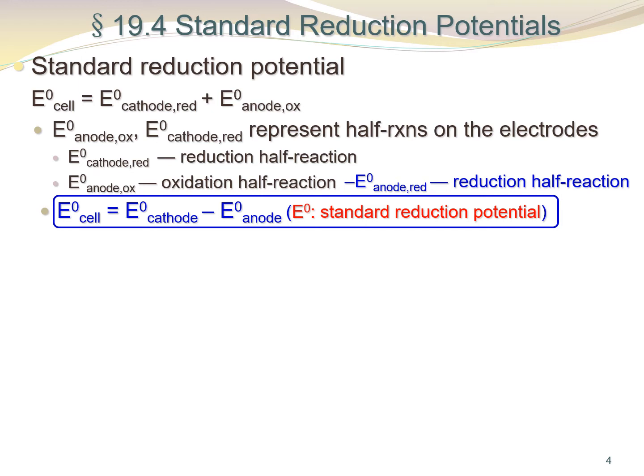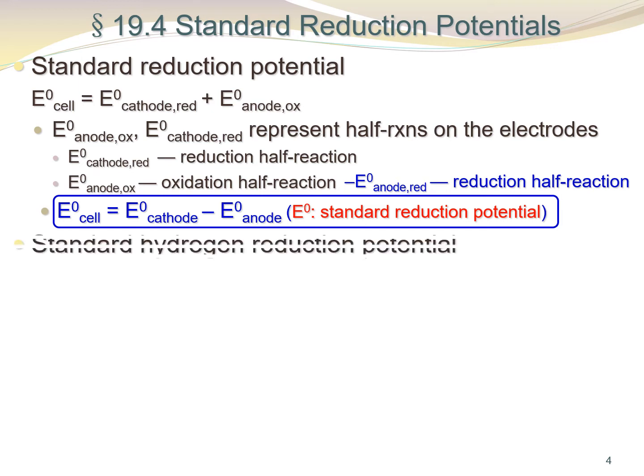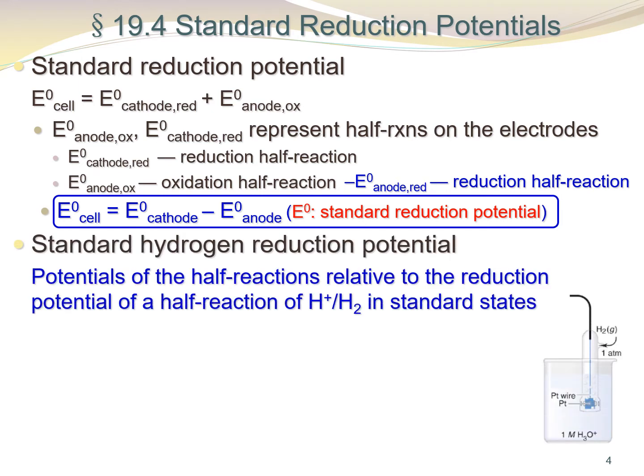And once we know which one's cathode, which one's anode, we just simply subtract their standard reduction potential in order to have the standard potential of the cell. When we do the subtraction, there must be a reference to tell us at which point there's going to be certain value.